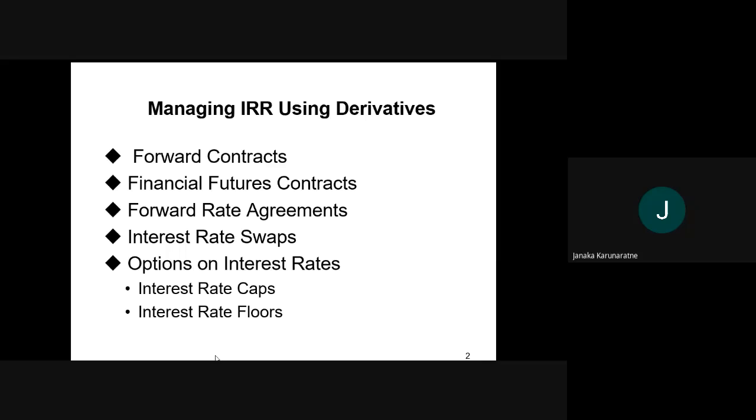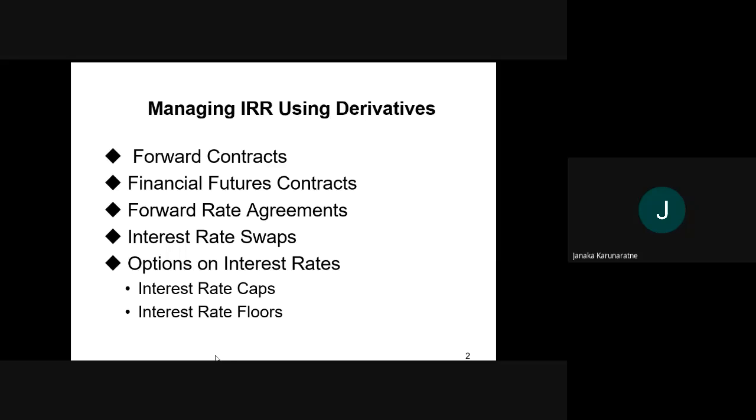So in broad, I'm not going to discuss derivatives in detail, the theory, but in broad, derivatives are financial instruments whose price or value depends on the price of an underlying financial instrument. If you look at the different types of derivatives for interest rate risk management, broadly there are about 4 to 5 categories.